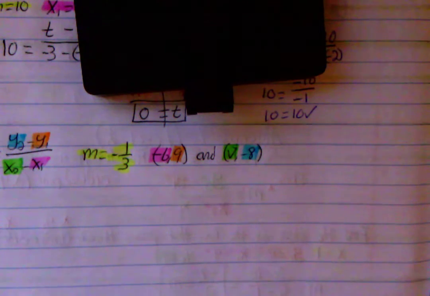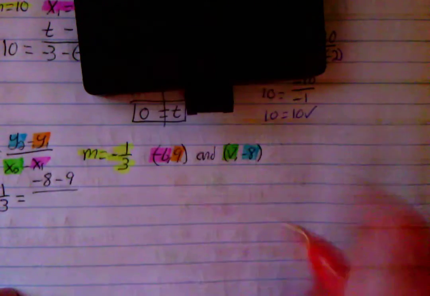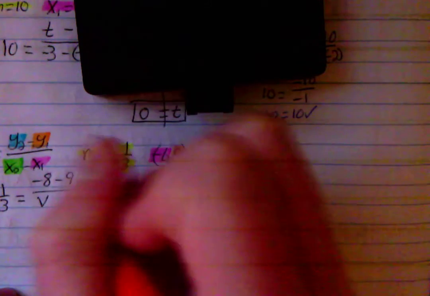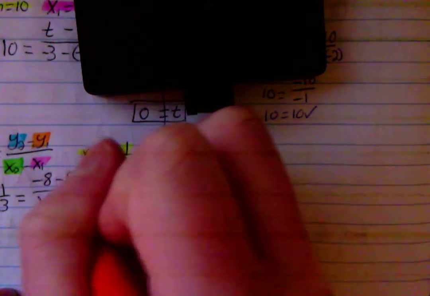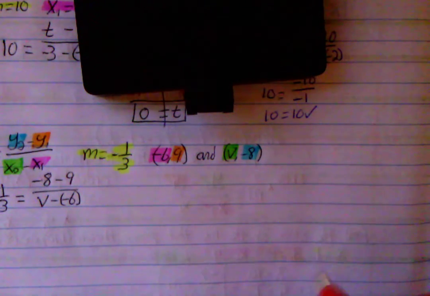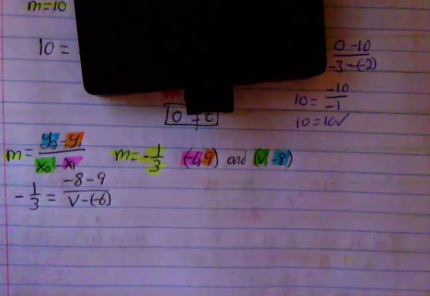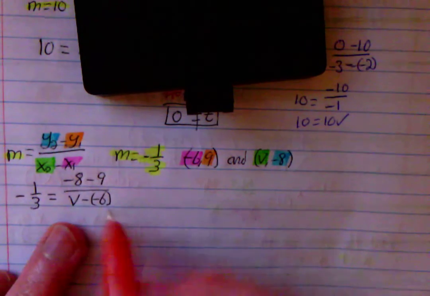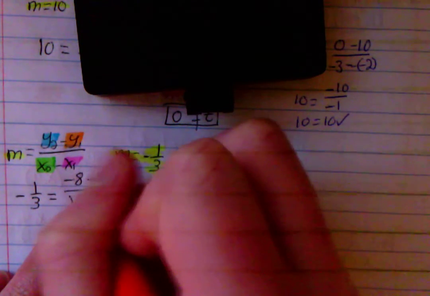So now I substitute each number into the formula. So we will have negative 1/3 equals negative 8 minus 9 divided by v minus negative 6. So v minus negative 6, that's really v plus 6.